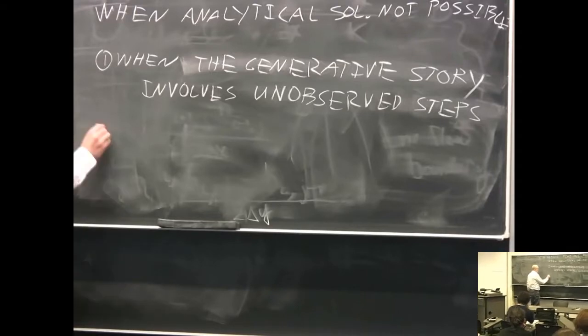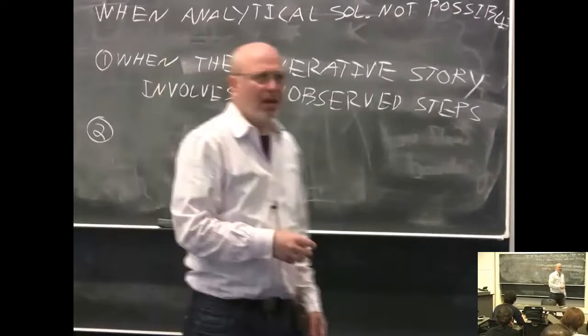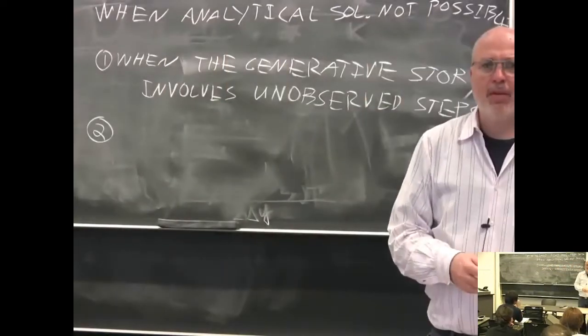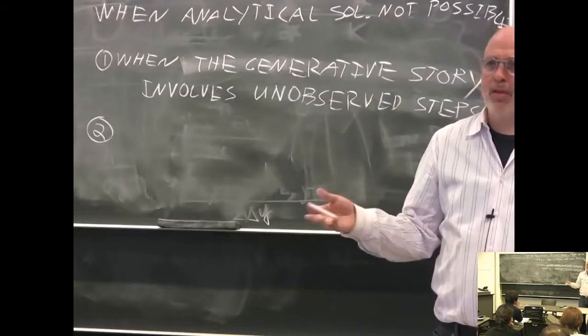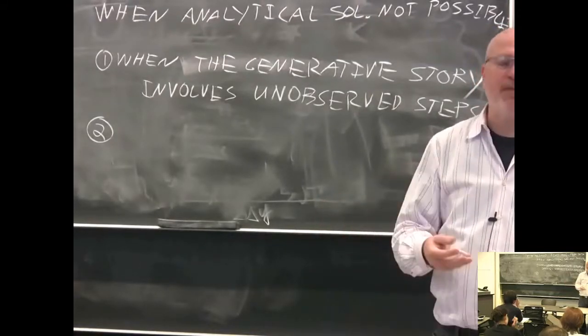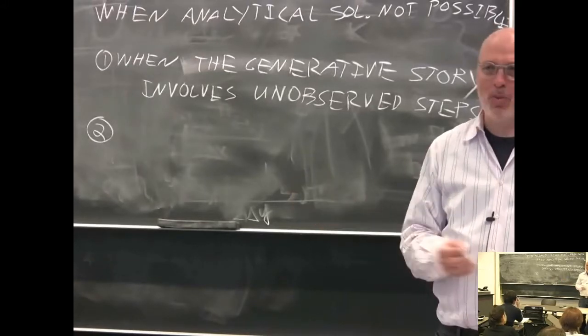A second and related case is when the generative story, maybe there is no generative story, but the structure of the likelihood function is such that you could think about it as if it were a generative story with latent variables. What do I mean by that?